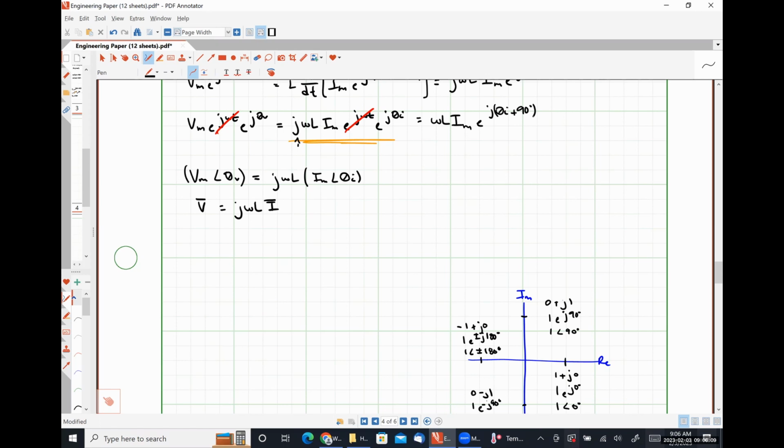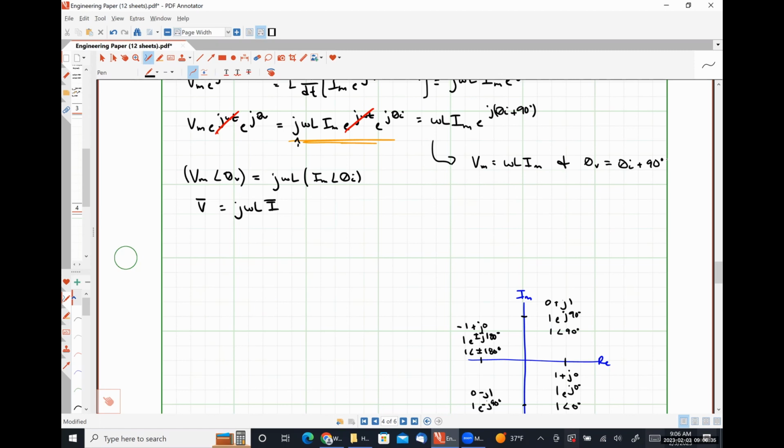So what this tells me is that the magnitude of my voltage is just equal to omega L times the magnitude of my current, and that theta V is theta I plus 90 degrees.